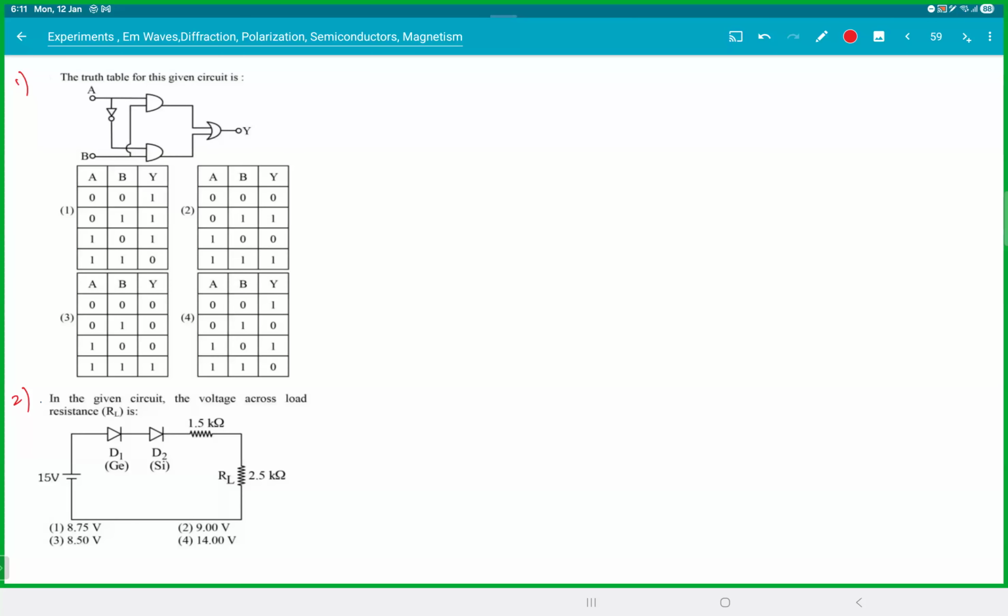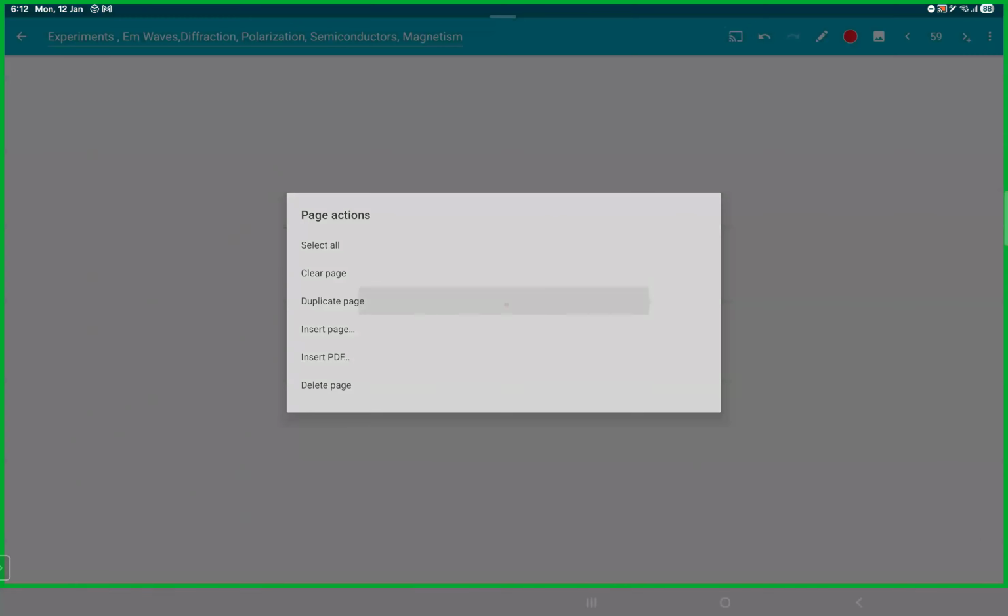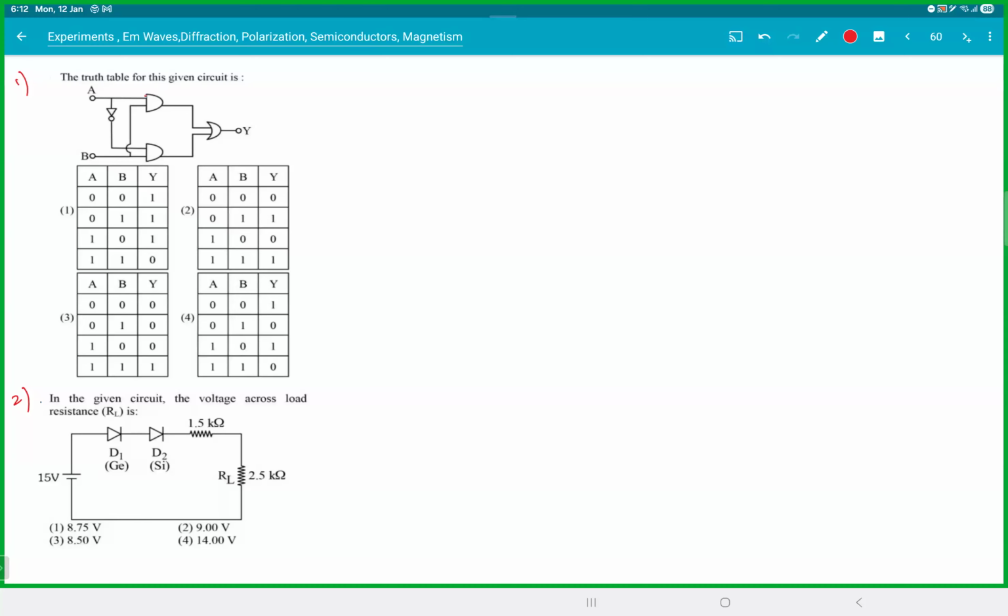So let's try to simplify that circuit in the first place. That should make things clear. So you're giving A here, you're giving B here, you're giving A bar here, and you're giving B here. Then you give it to an OR gate.